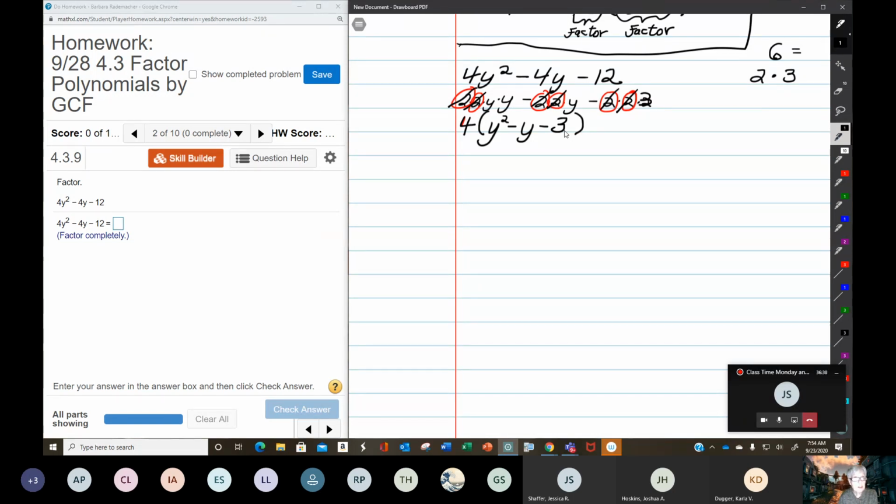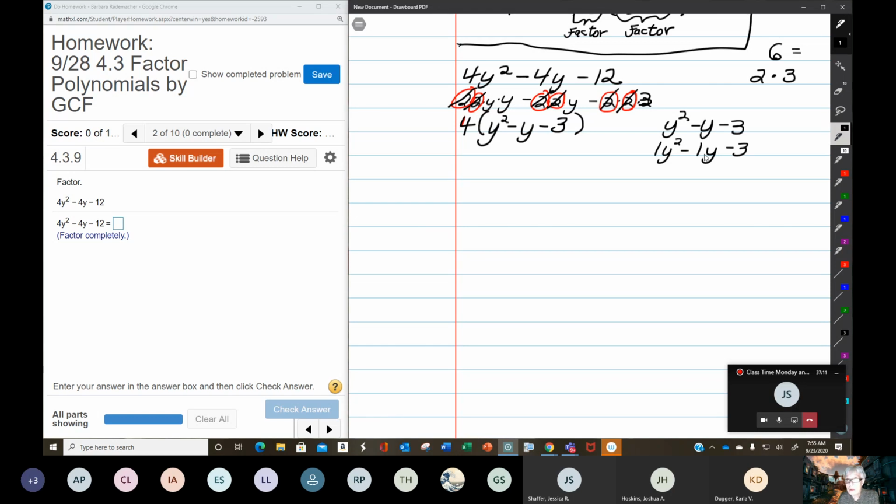Now this says factor completely. So let us see, we haven't really talked about the other kind of factoring, but let's see if we could factor this. y squared minus y minus 3 is 1y squared minus 1y minus 3.